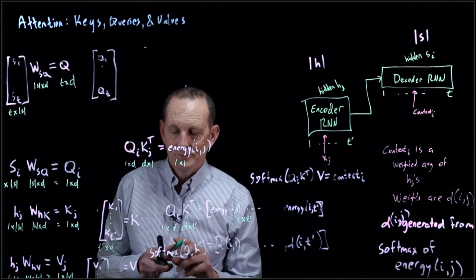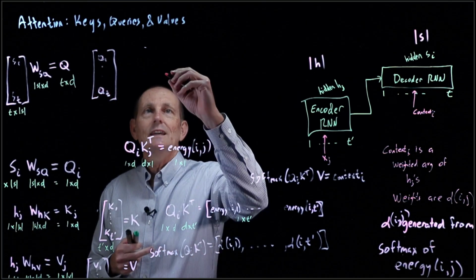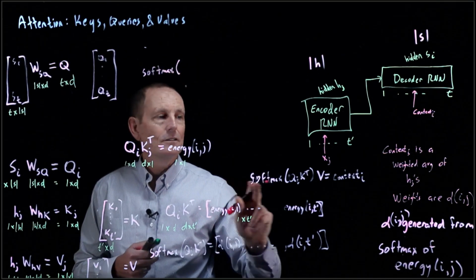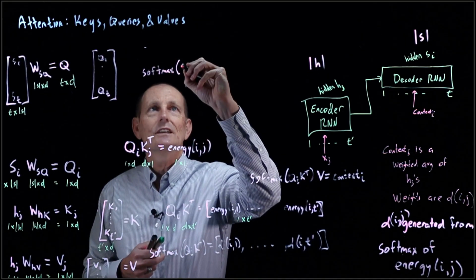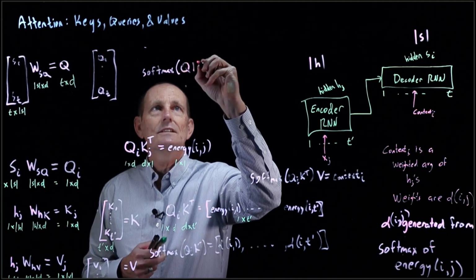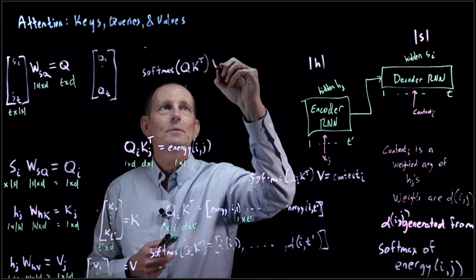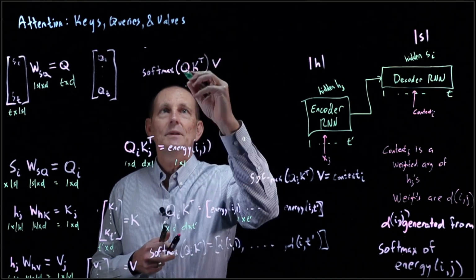And then here's what we do. All we do is we take softmax of, instead of Qi times K transpose, just take Q times K transpose. And then we'll multiply this by V. Let's just look at what's happening.